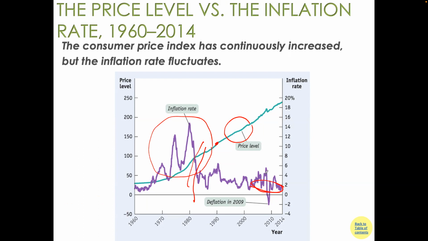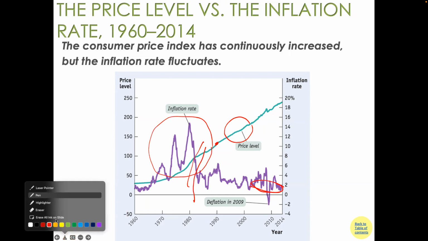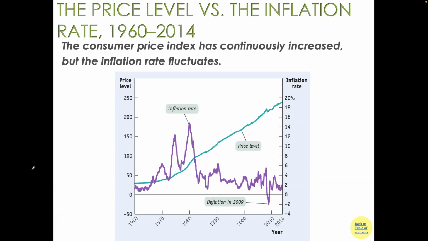Right. And let me explain something related to the current affairs. If we look at it here, in 2009 the inflation went negative. There was deflation. Well, if there's deflation, things can get very bad.